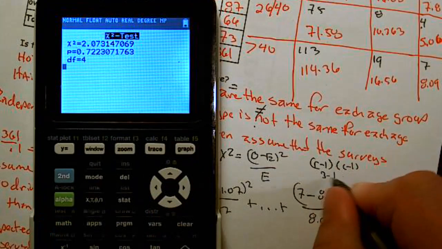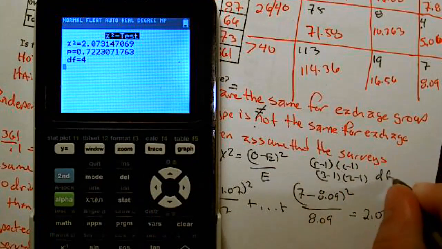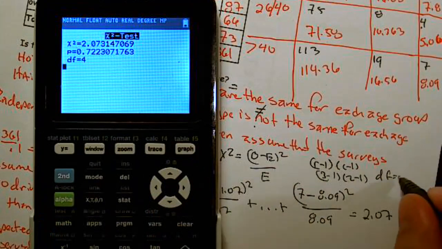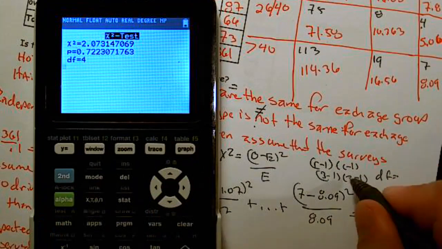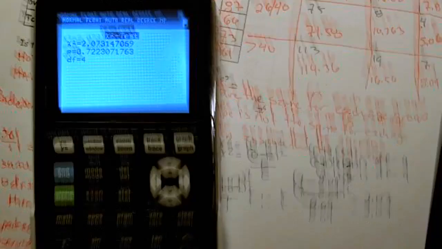So 3 minus 1 times 2 minus 1 degrees of freedom. 3 minus 1 is 2. 2 times 1 is 2. So our degrees, excuse me, this should have been 3 minus 1. 3 minus 1 times 3 minus 1. So 2 times 2 is 4. Degrees of freedom are 4.